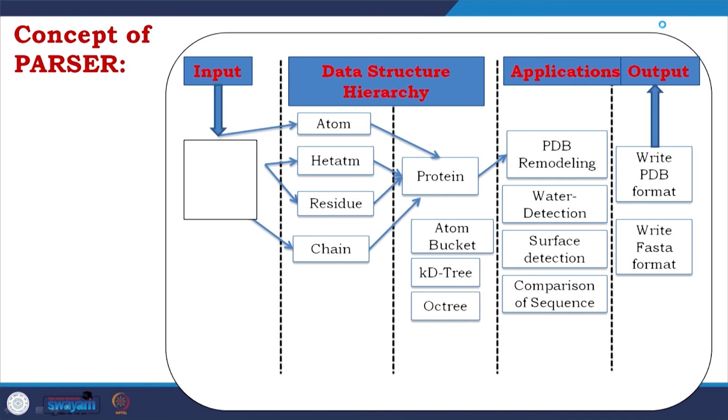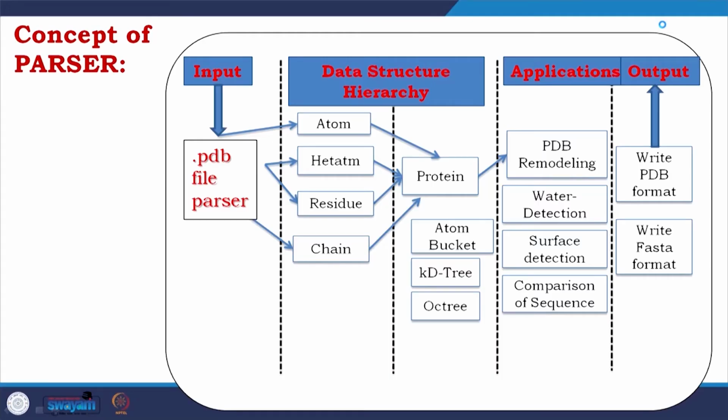You could use existing data structures like atom bucket, KD tree, octree, and once you take the protein and develop this hierarchy, you have the input of the PDB file, and the architecture when it performs, that is called parsing. So, you have to develop a parser.